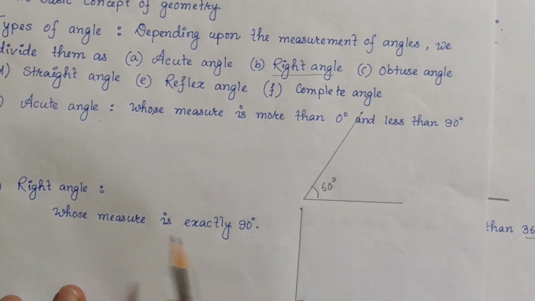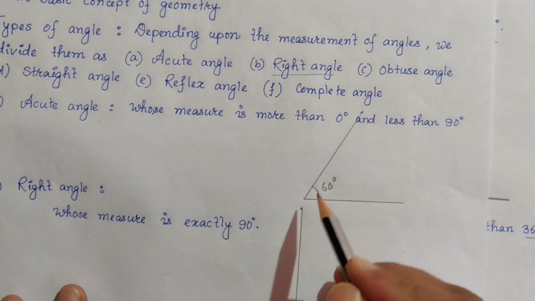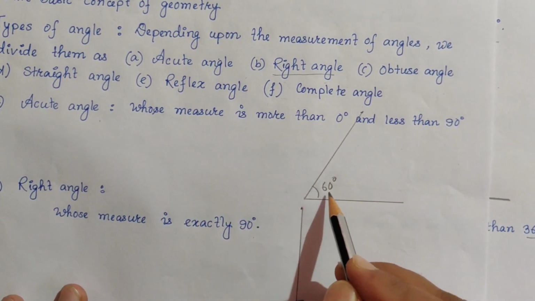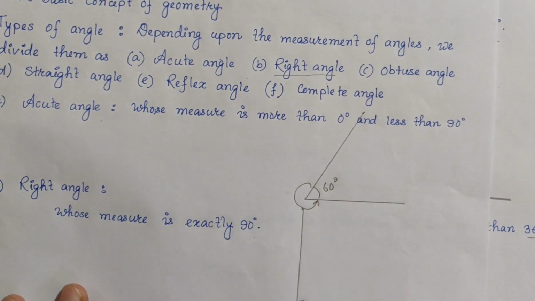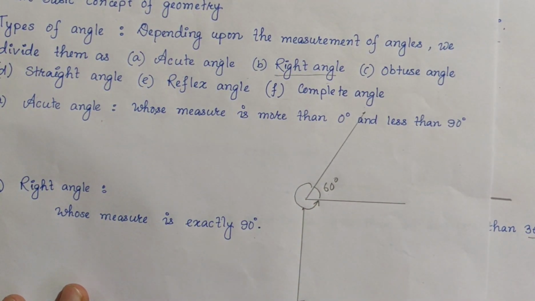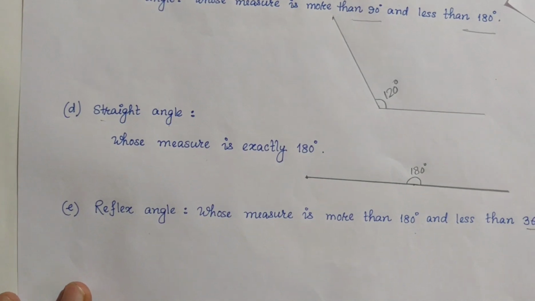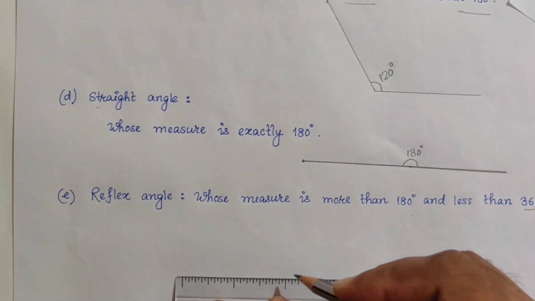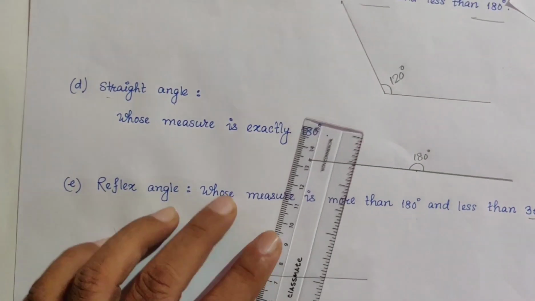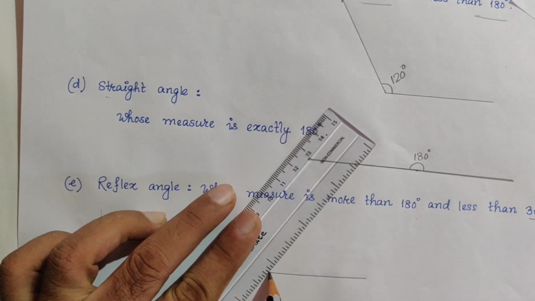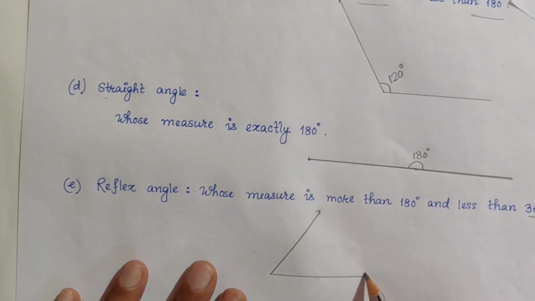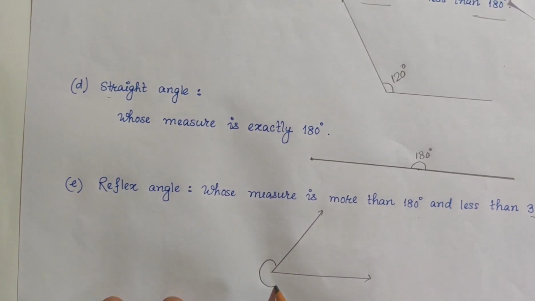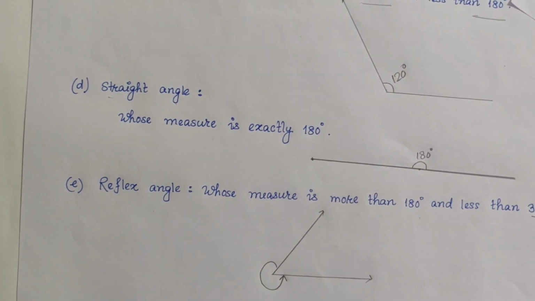See here, in this acute angle that we have drawn of measurement 60 degree, the other side of this angle is called a reflex angle. Now we draw an acute angle here. This is an acute angle whose measurement is less than 90 degree. So the other side of this angle, this one, is called a reflex angle.